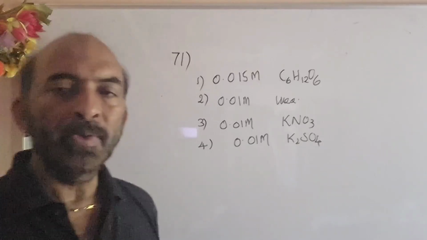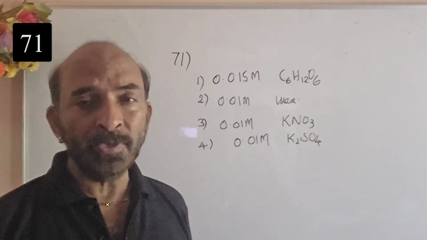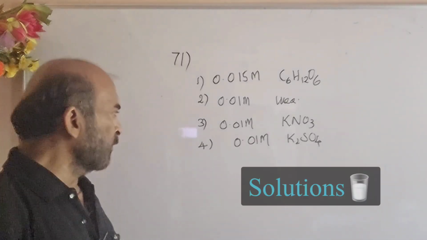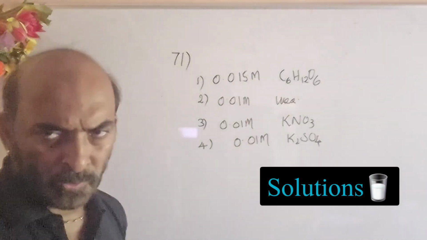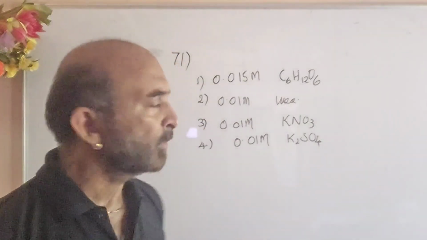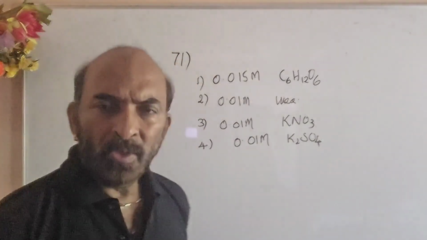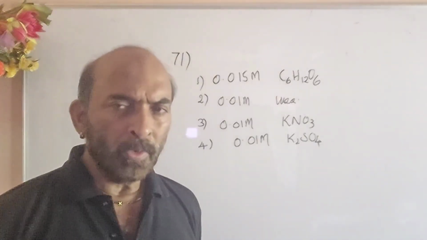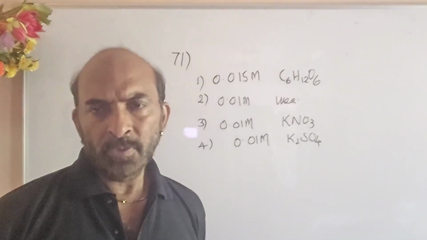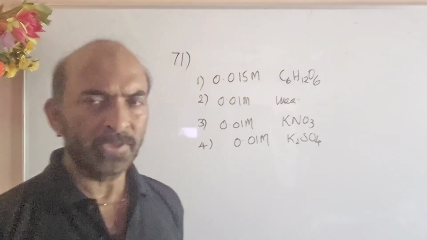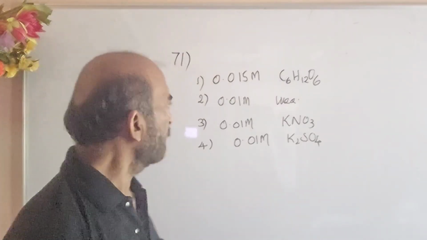Question number 71. It is from the chapter solutions of second year. And here the question, you are given 4 solutions and you have to say which has the highest boiling point. We know that the greater the ionic or solute particle concentration, the higher will be the boiling point.